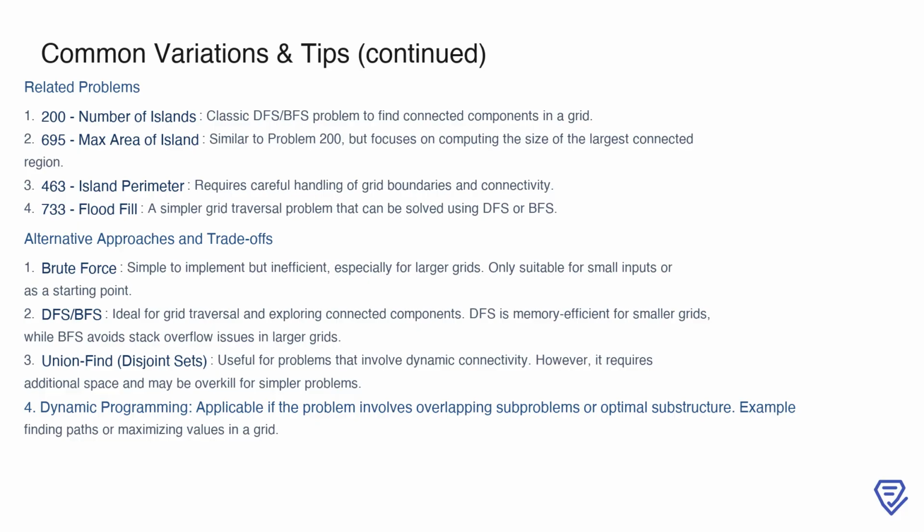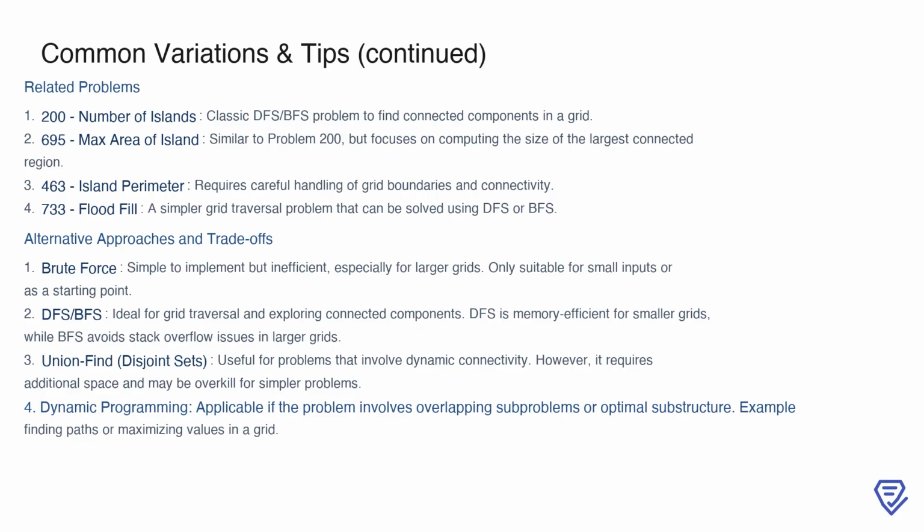Regarding alternative approaches, brute force is often the simplest to implement but becomes impractical for larger grids due to inefficiency. DFS and BFS are more suitable for exploring connected components, with DFS being memory efficient for smaller grids and BFS avoiding stack overflow on larger ones. Union find, or disjoint sets, is another powerful tool for dynamic connectivity problems, though it can be overkill for simpler scenarios.